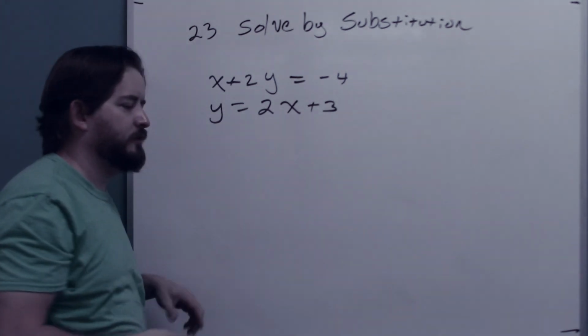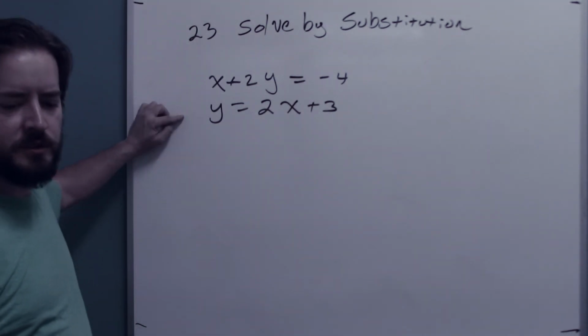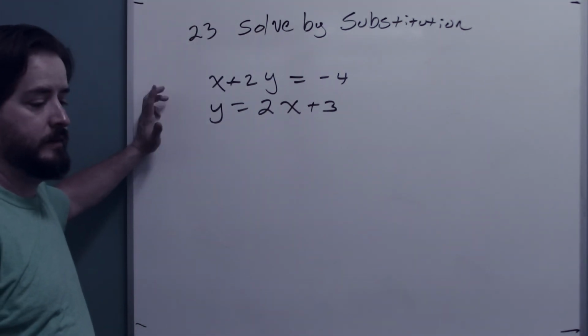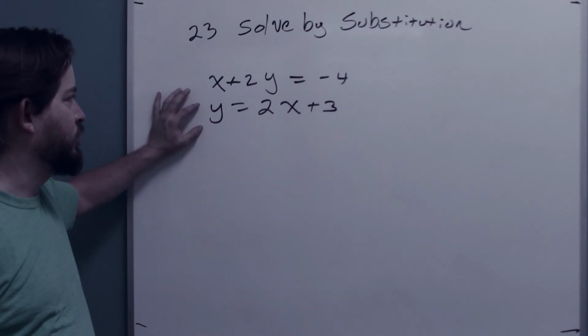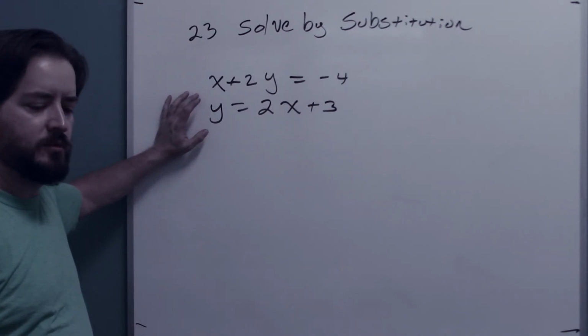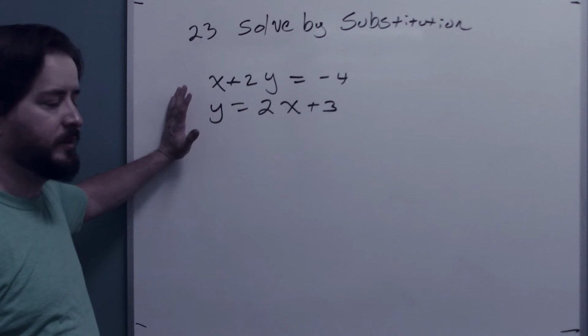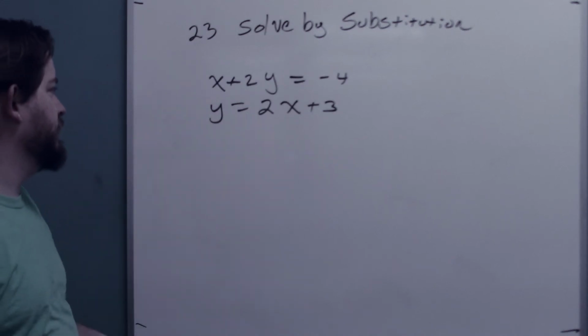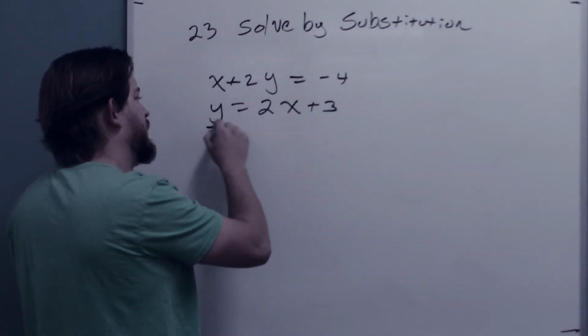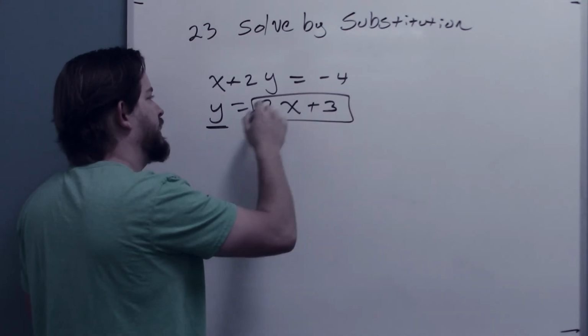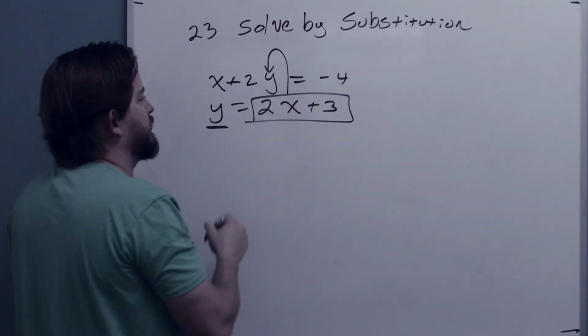It's set up so that if you decided you don't want to do substitution, it's going to be harder to do anything else. It's more work to turn it into an addition or elimination method. So all you're really looking for is this y is already solved in terms of x. And so I'm going to take that and plug it into the other one.